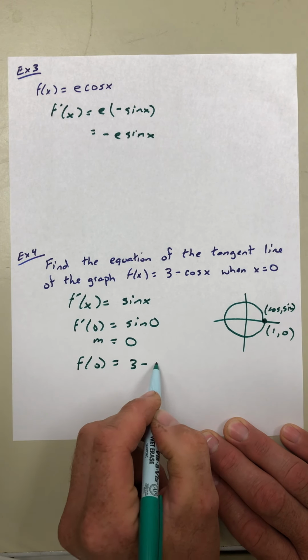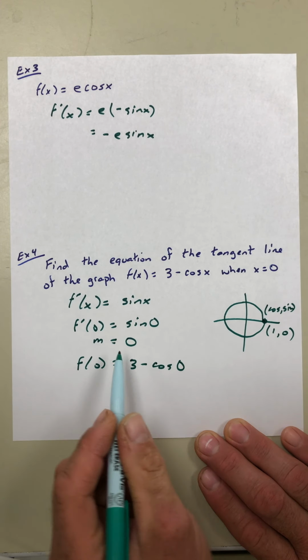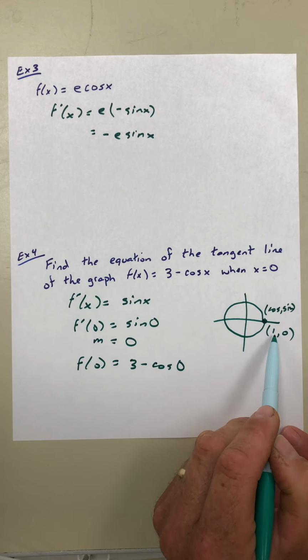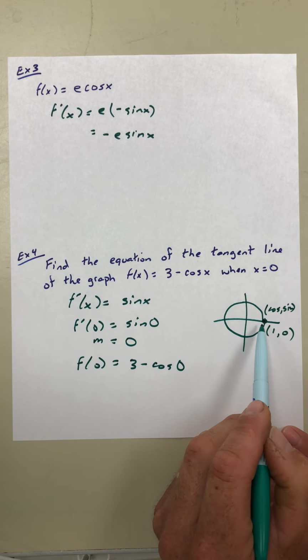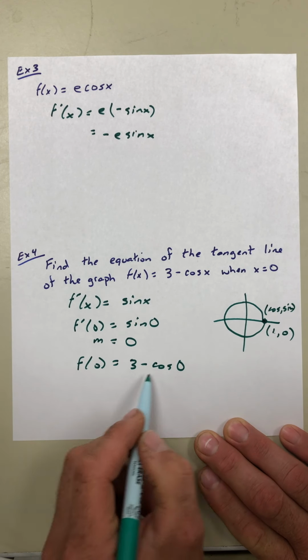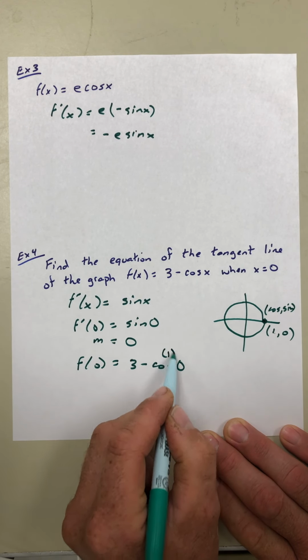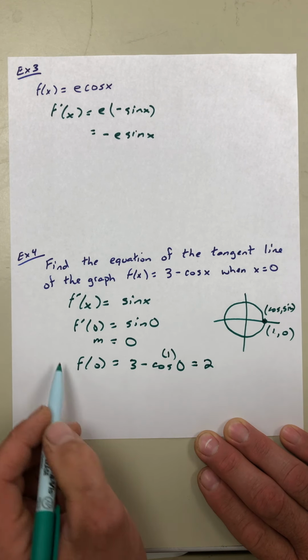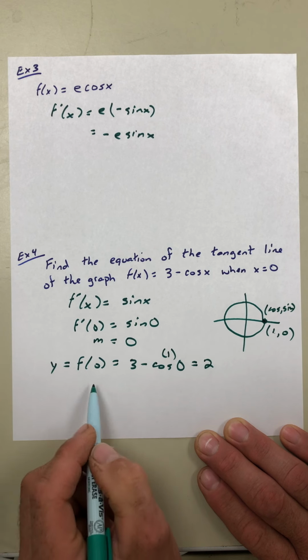That's 3 minus the cosine of 0. Again, going back to the unit circle, remember we have cosine, sine. That point when x is 0 or theta is 0 is 1 for the cosine. So the cosine of 0 is 1, and 3 minus 1 gives us 2. That is our y value.